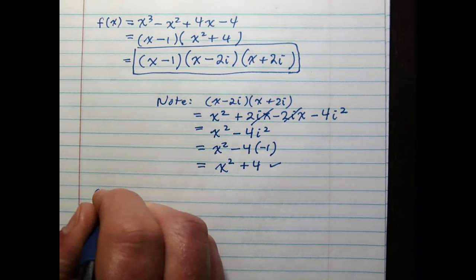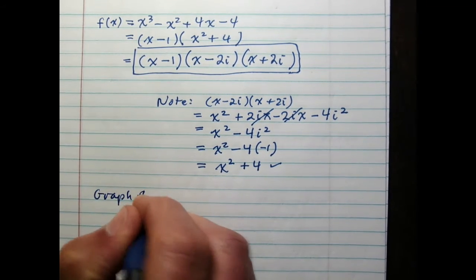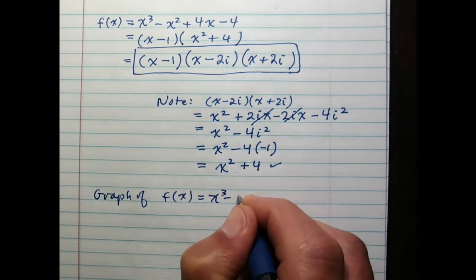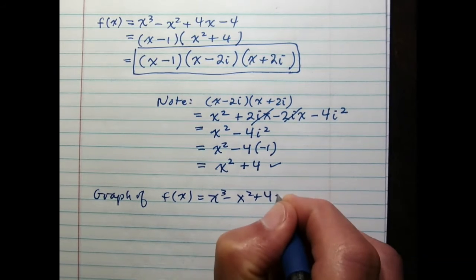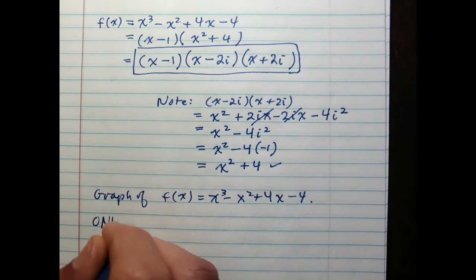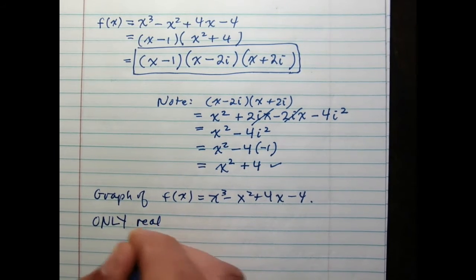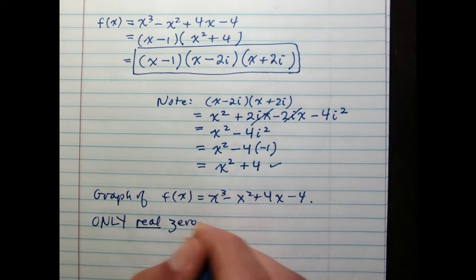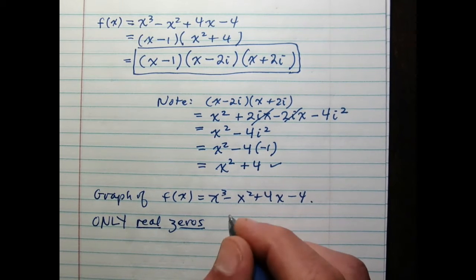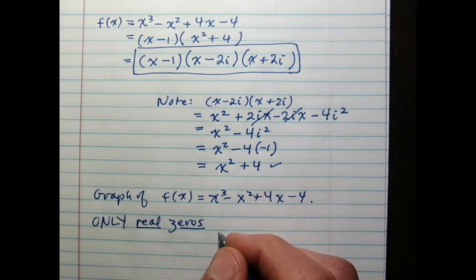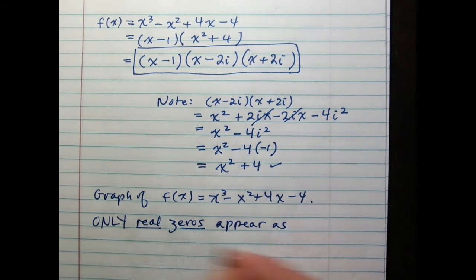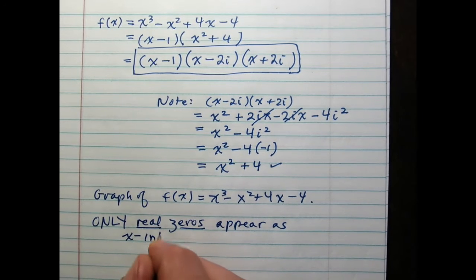Just a comment about the graph of f of x equals x cubed minus x squared plus 4x minus 4. Only real zeros, real number zeros, appear as x-intercepts.